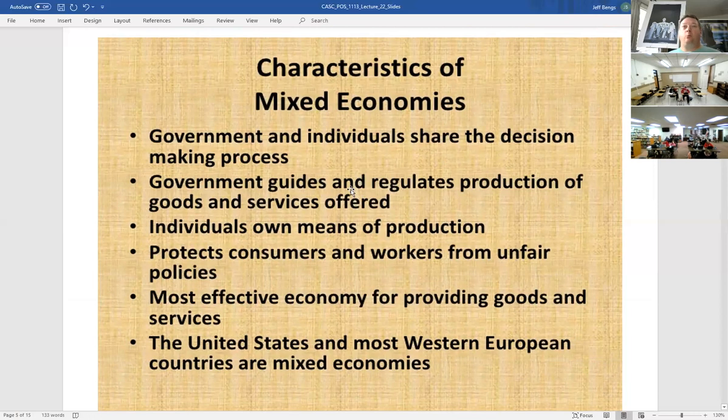It is one where both the government and businesses, as well as private individuals, are involved in the economy. They both have responsibilities in making decisions.